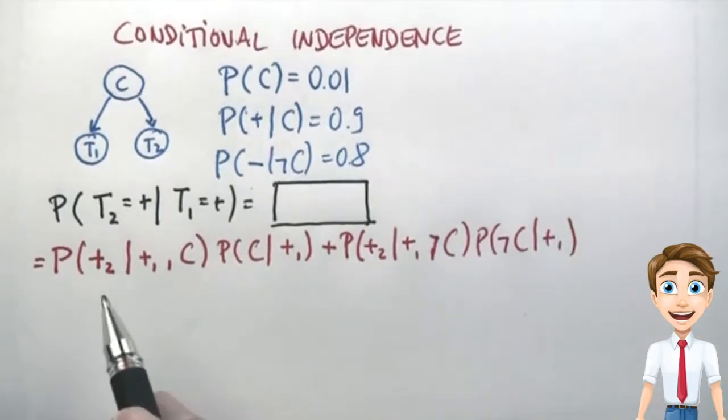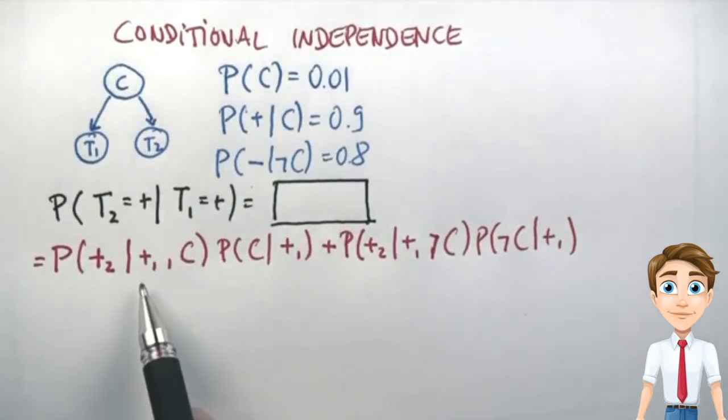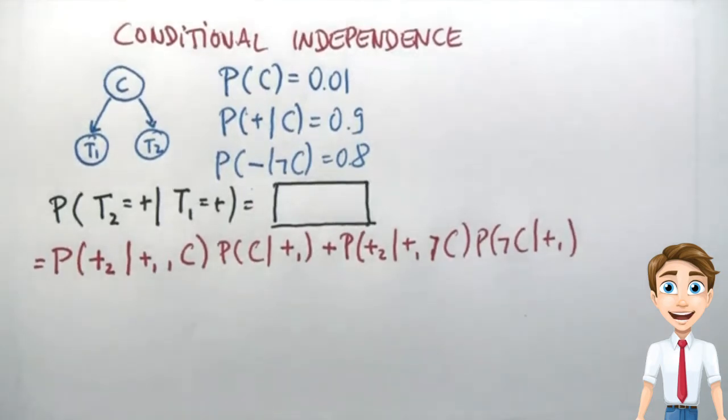It's the same as the theorem of total probability, but now everything is conditioned on +1. Take a moment to verify this. Now here I can plug in the numbers.